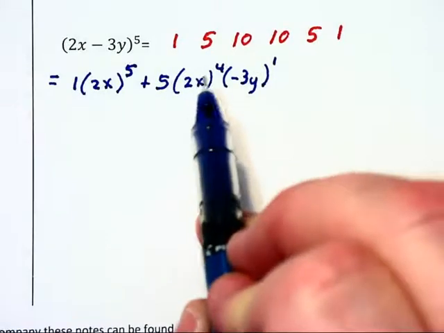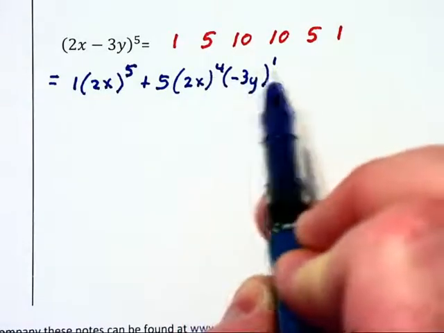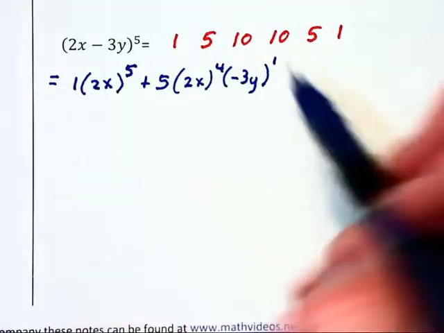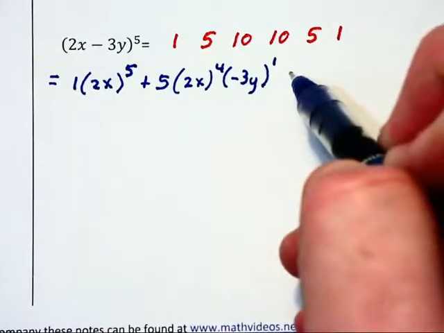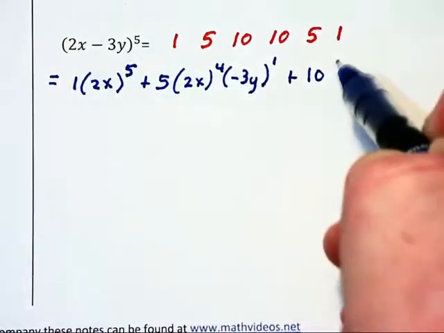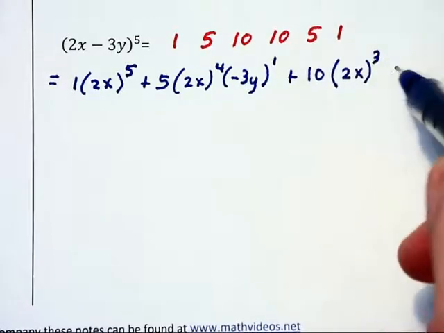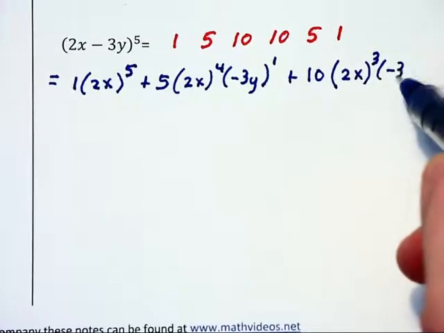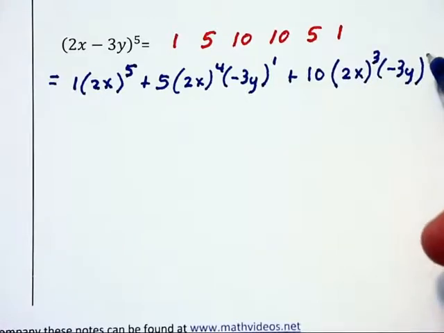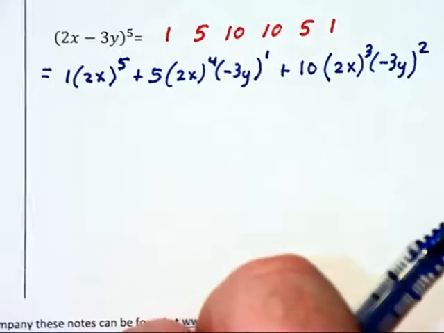And notice that for each term, the sum of the exponents is 5 when this is a 5th power problem. Plus, we now need 10 times the 2x will drop to the third power, and we will have negative 3y to the second power. I'm going to skip a line here.